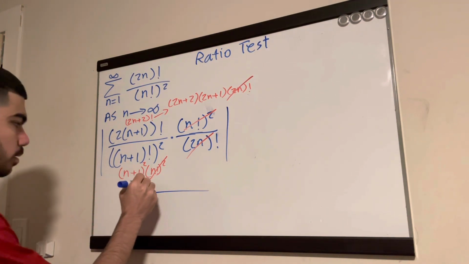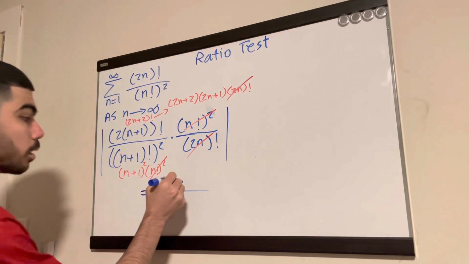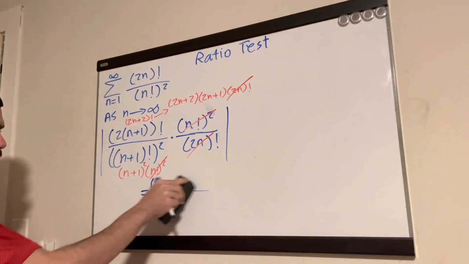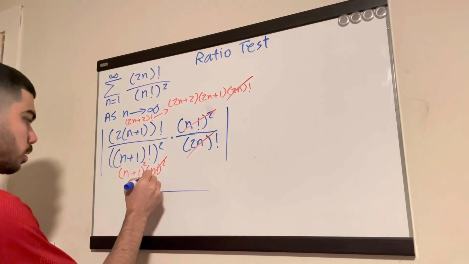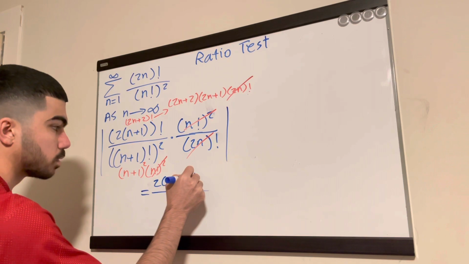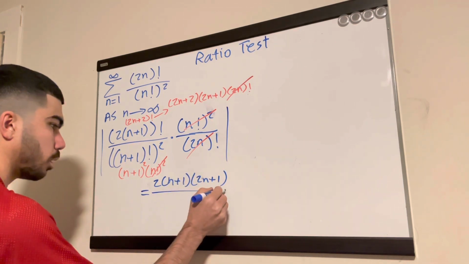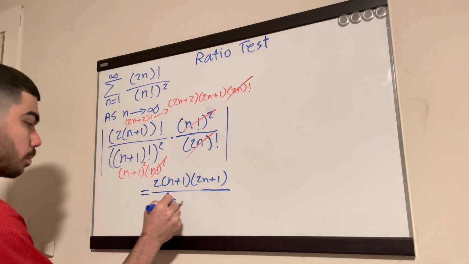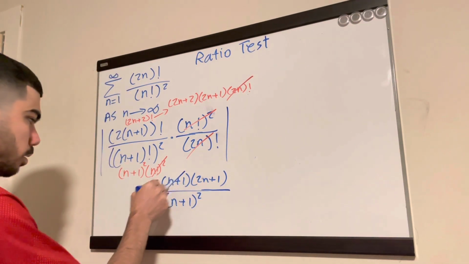What is left, right? (2n plus 2), which I'm going to change to 2 times (n plus 1), times (2n plus 1), all of that over (n plus 1) squared, which, hey, cancel out.